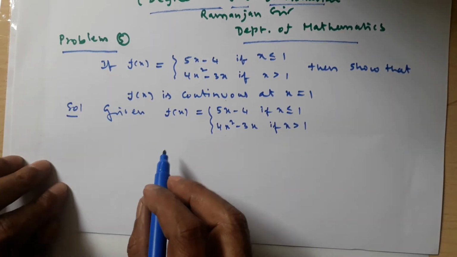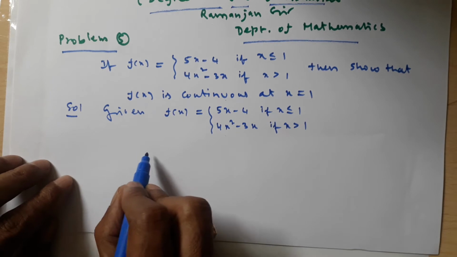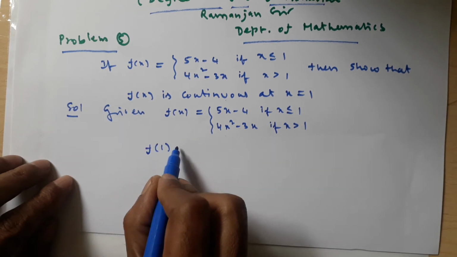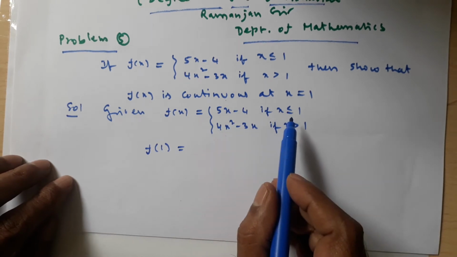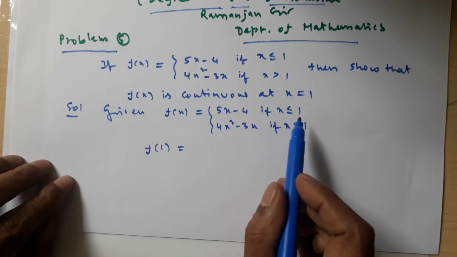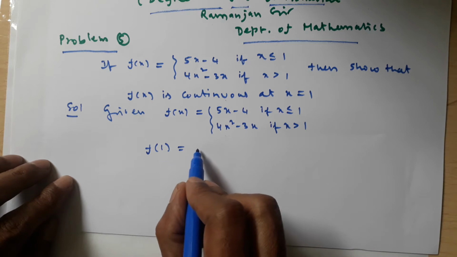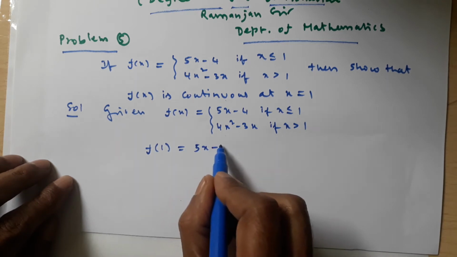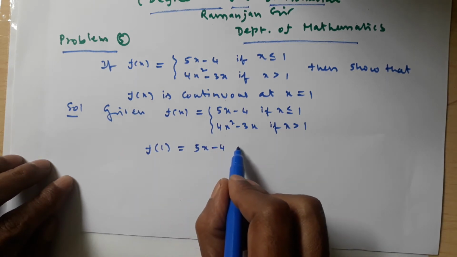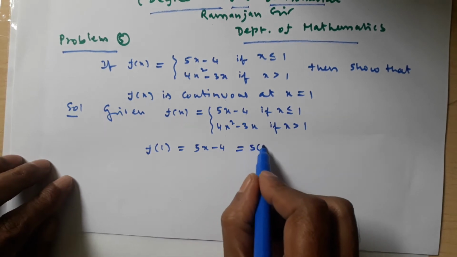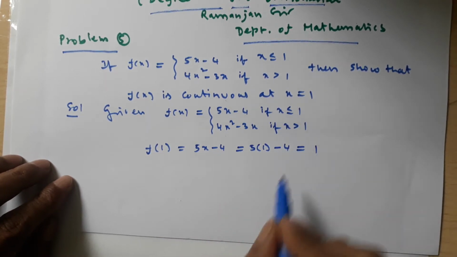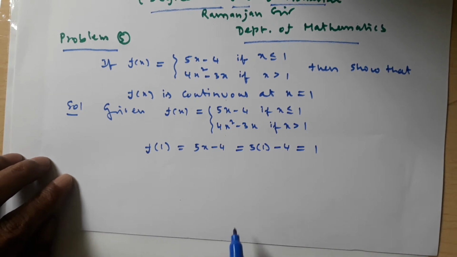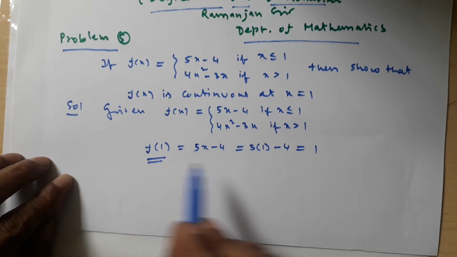Next, f of 1: put x equals 1. Here for x equals 1 the function is defined as 5x minus 4, which is 5 into 1 minus 4, equal to 1. So the f of 1 value is 1.